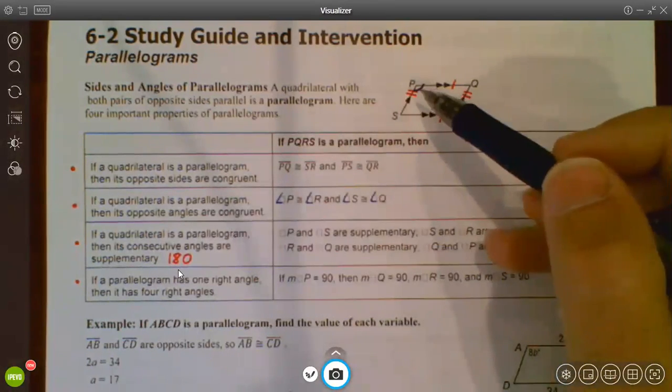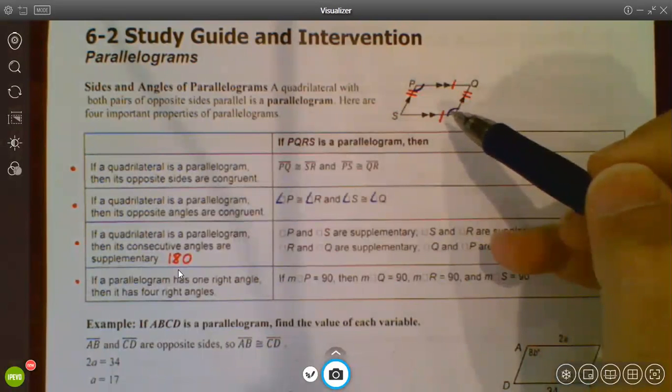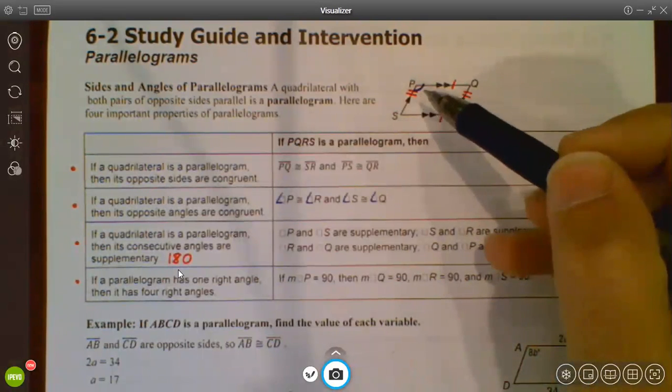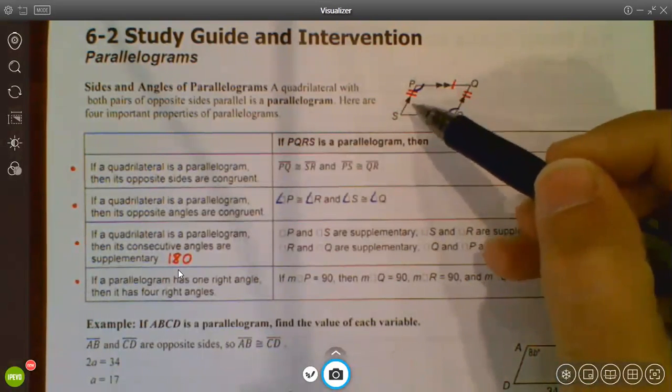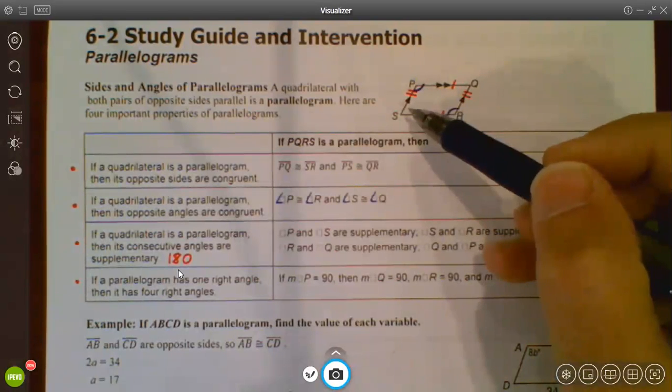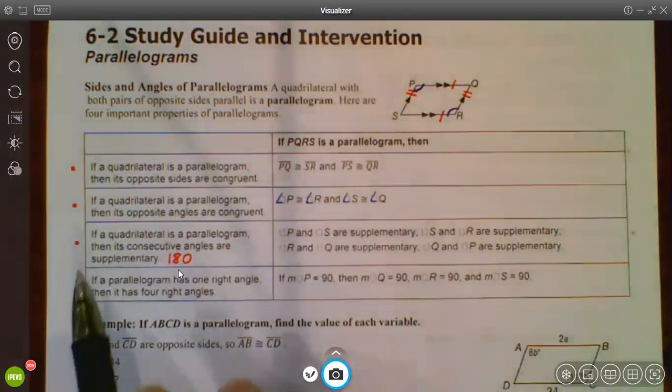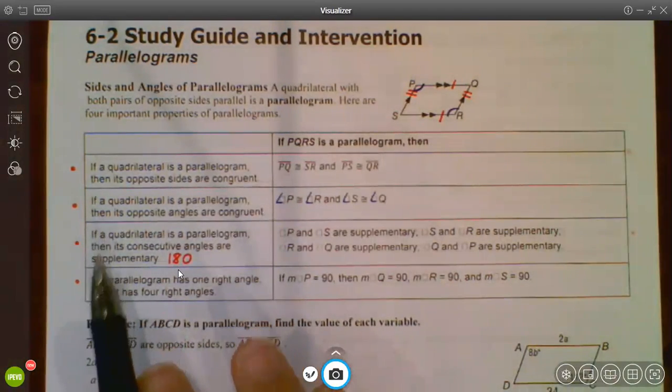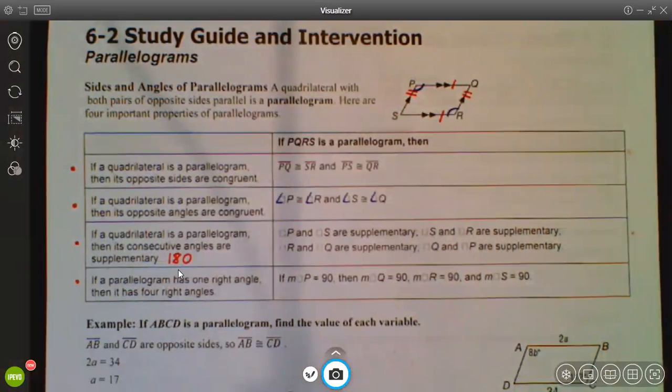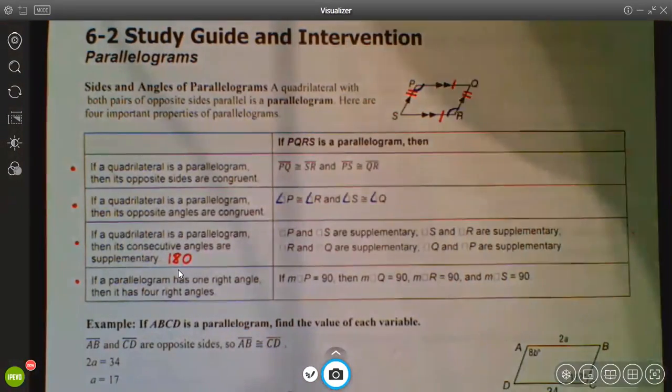Because if this is 90, we already know opposite angles are equal, so this has to be 90 by that rule. We also know that consecutive angles add to 180, so if this is 90, then this has to be 90 so that they add to 180. So really that's something we could have figured out based on these two bullet points. But nonetheless, something worth mentioning, I guess.